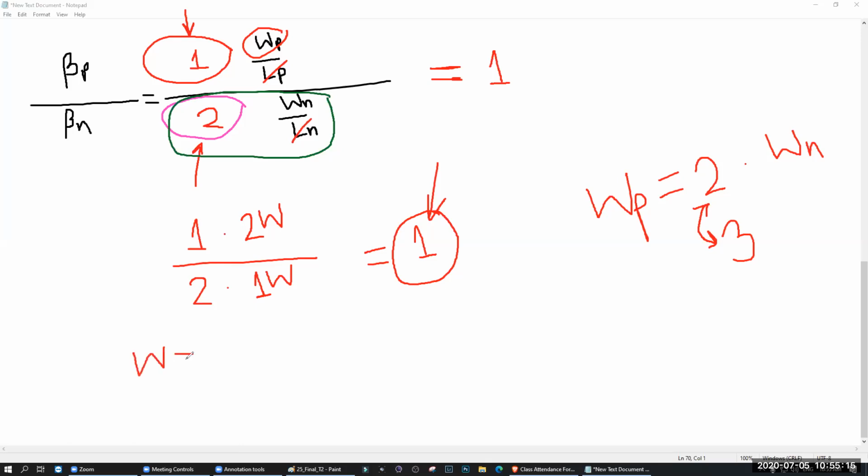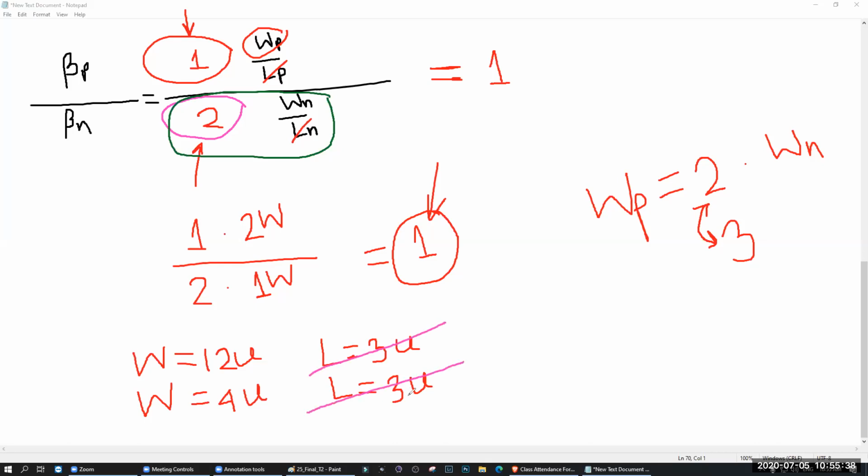Because your W was 12 micro, your L was 3 micro, right? For NMOS, your W was 4 micro, your L was 3 micro, right? Make sense? So your L and L are actually the same, so you do not have to worry about those. We worry about W.